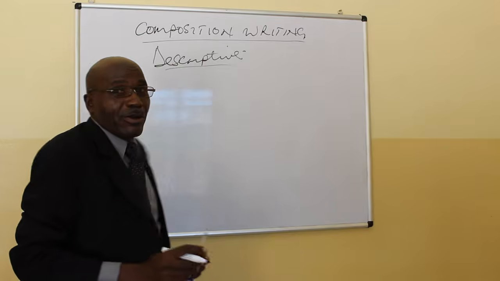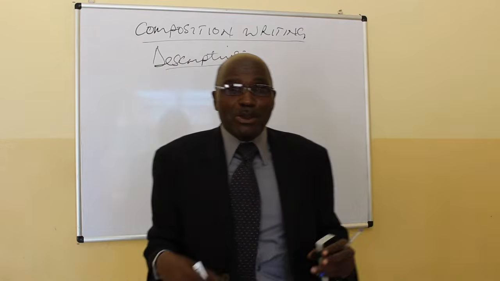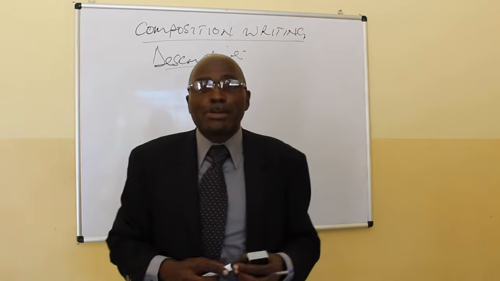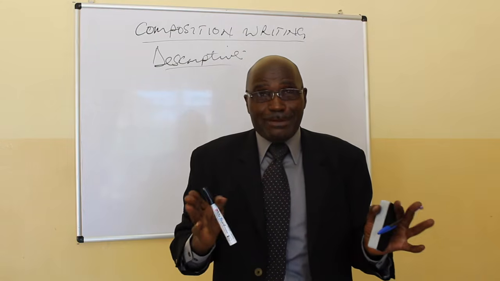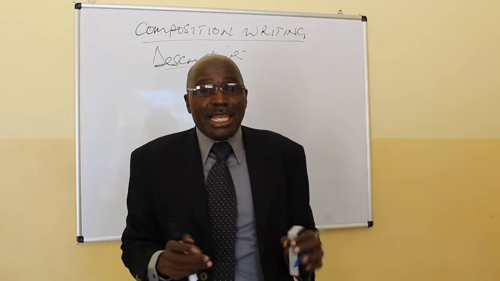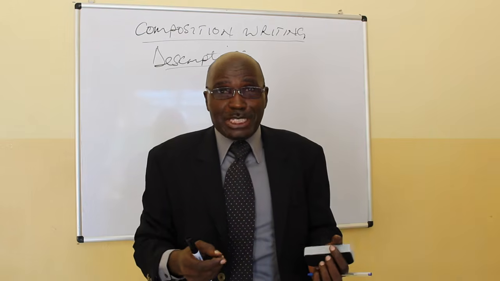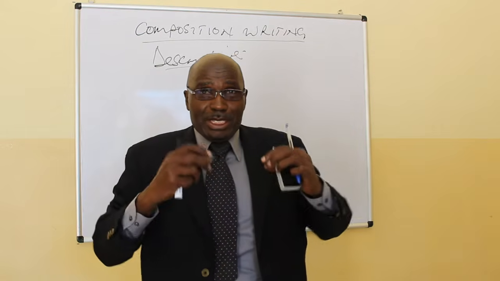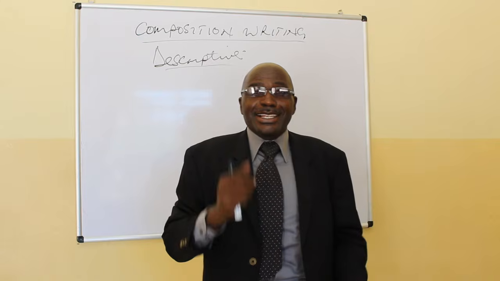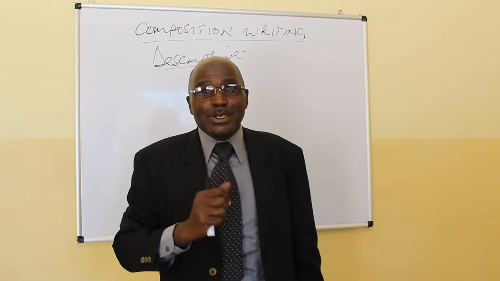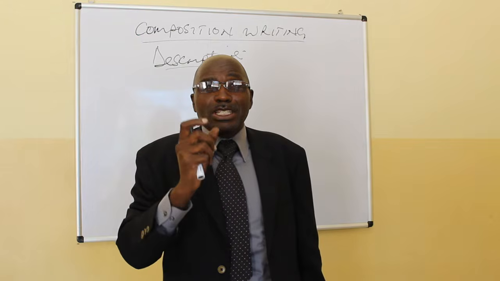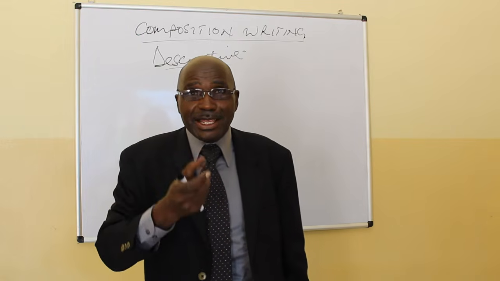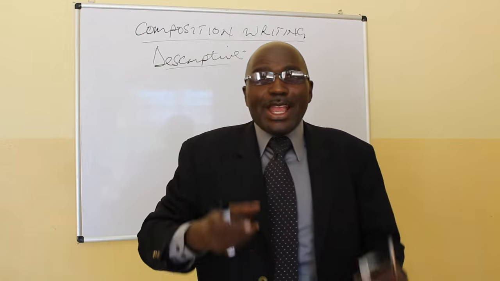Okay, so under descriptive composition, we know that there are a number of certain structural items that we need to learn about. What is a descriptive composition? In short, a descriptive composition is a composition that asks you to write a description of an object, a thing, a human being, or anything.